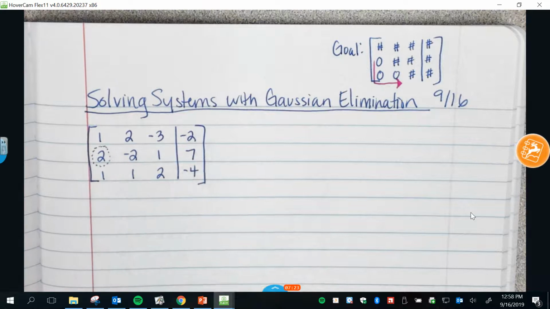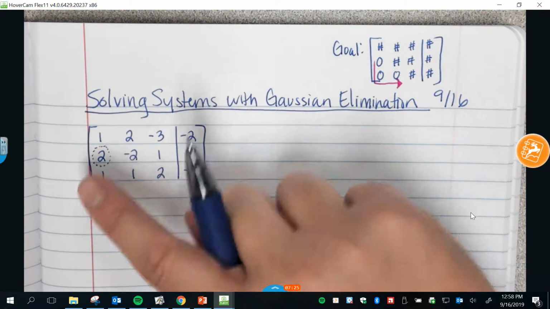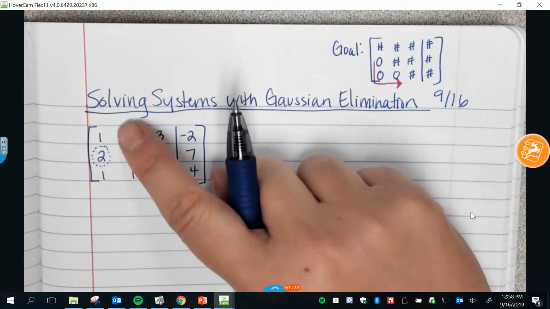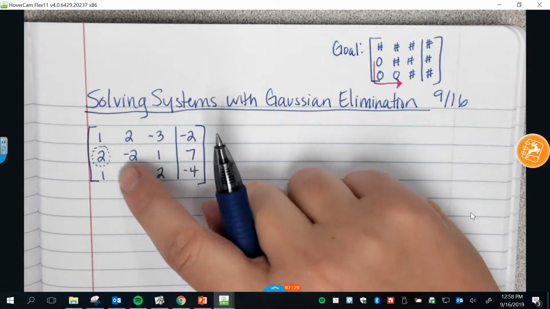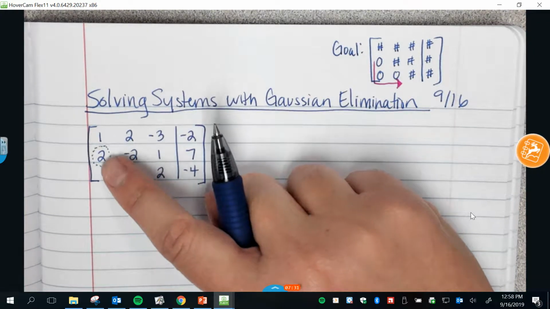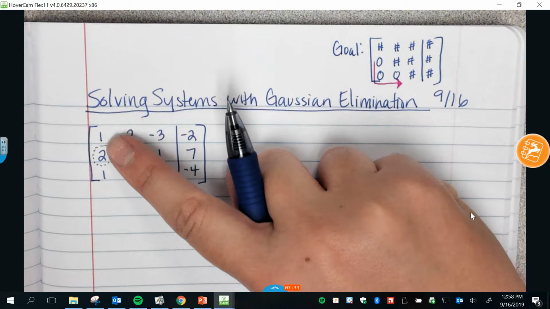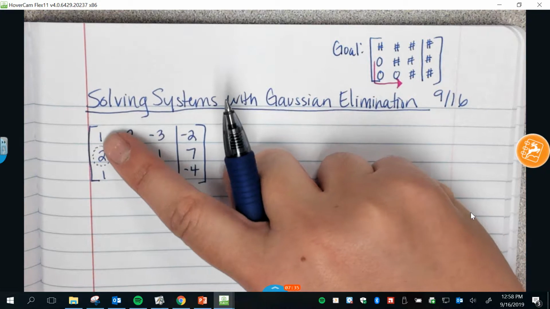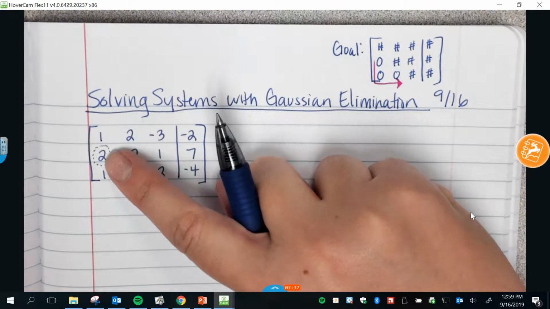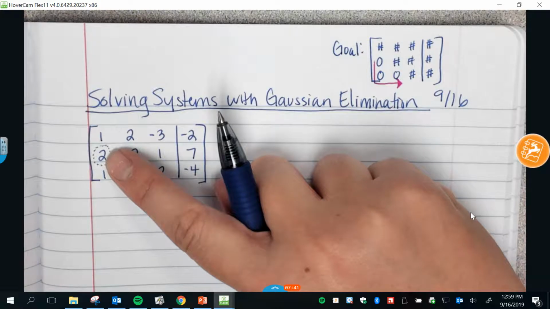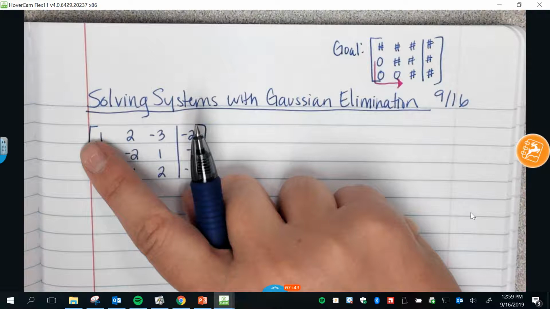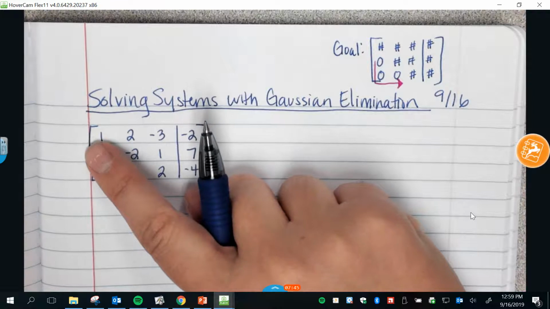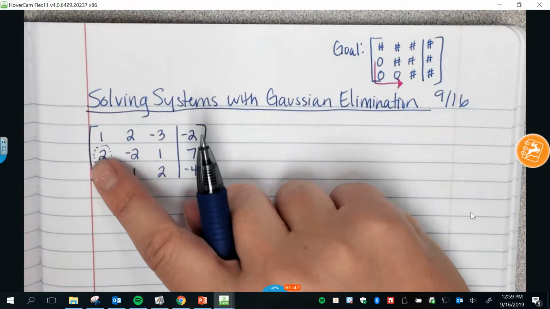So can you look at the remainder of the rows and think about what you could do to create a 0 here? Like if I use row 1, what would I need to multiply this by so that when I added it, it would make 0? -2, right? I could multiply that by -2 and then add it here and that would make a 0.